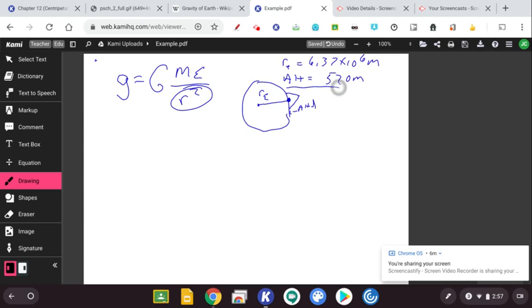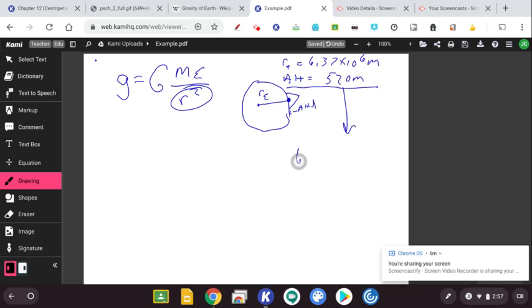So you would have to add these two values together. The interesting thing is when you add these together, the 520 means that we are only changing a number out beyond the 637 times 10 to the 6. But let's treat it as if we are actually making a very significant change, and we'll get a value here.